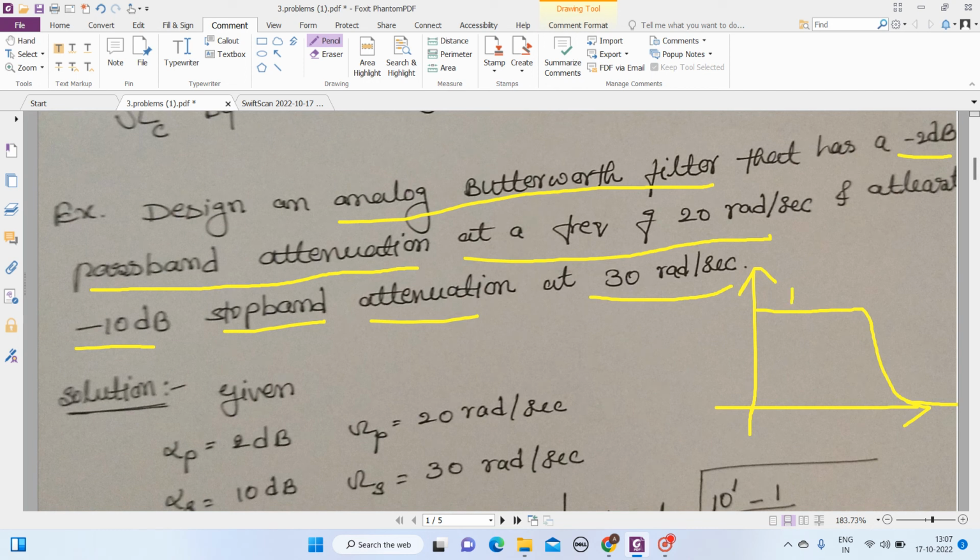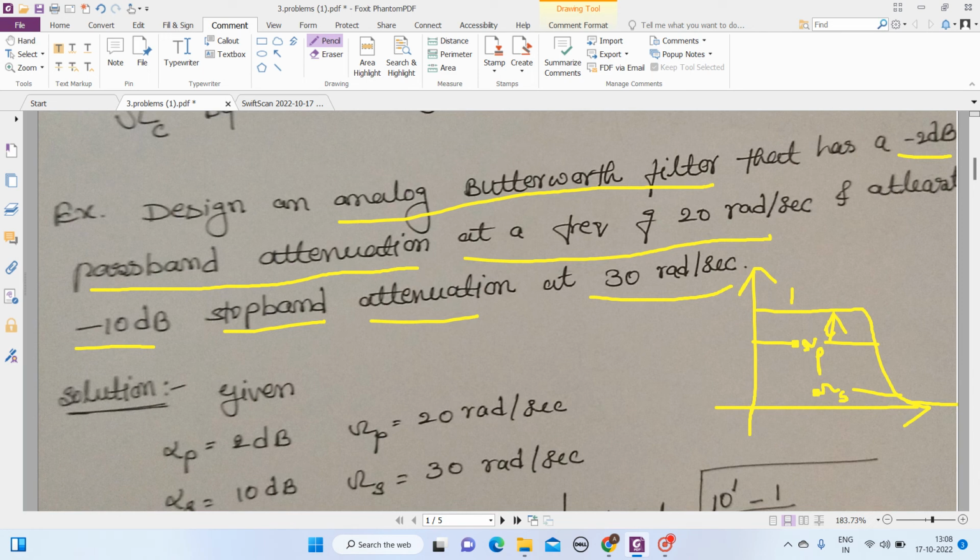Okay, and this is the stop band, this is the pass band attenuation. Okay, this range is pass band attenuation. Here we will get stop band attenuation. What is this? This is the stop band attenuation.